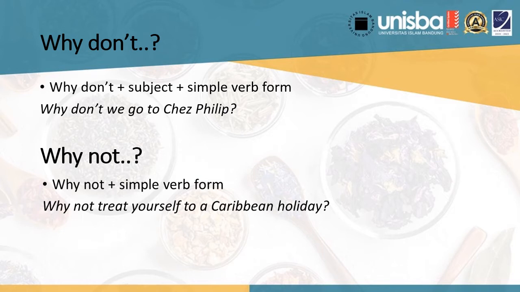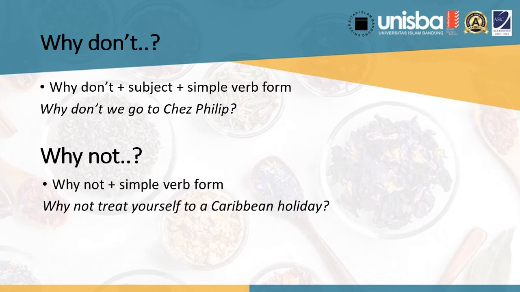So the next phrase that you can use when you give a suggestion is why not. Why not also uses the negative not, but this phrase is a little different from the other phrases. It is usually used to make more general suggestions. Advertisers often use why not for selling products or services.